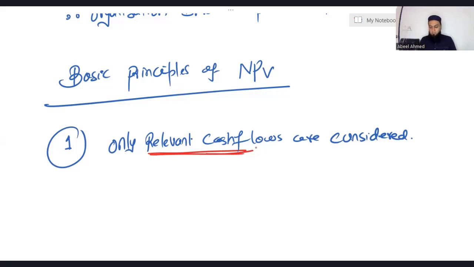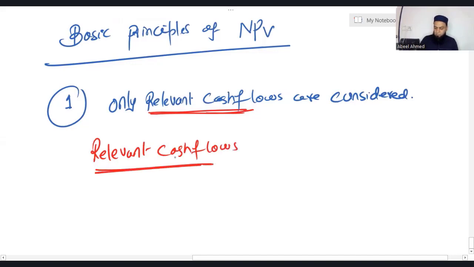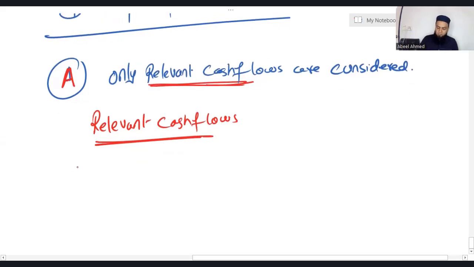But right now, let us only discuss what you mean by relevant cash flows. Now everything revolves around relevant cash flows. You can say this is principle A, relevant cash flows.